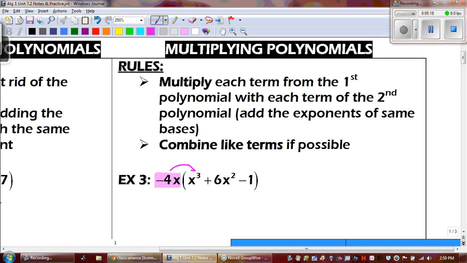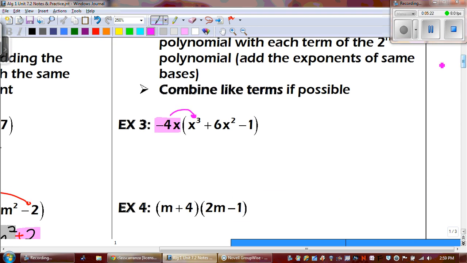So off to the side, I'm going to write down everything I'm multiplying. That's negative 4x to the first times x cubed. I'm going to multiply negative 4x to the first times 6x squared. And then I'm going to multiply negative 4x to the first times negative 1.